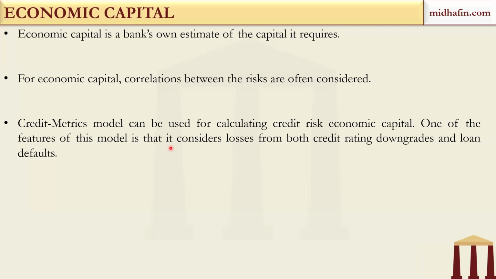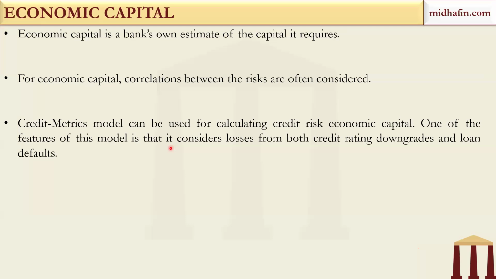There are multiple methods which can be used to determine economic capital. Some of the methods may take correlation into account, may take downgrades into account. Some of the methods may just take defaults as the only source of risk for a counterparty. Because the earlier thought process was that unless the loss materializes, it does not need to be accounted for in the capital allocation.